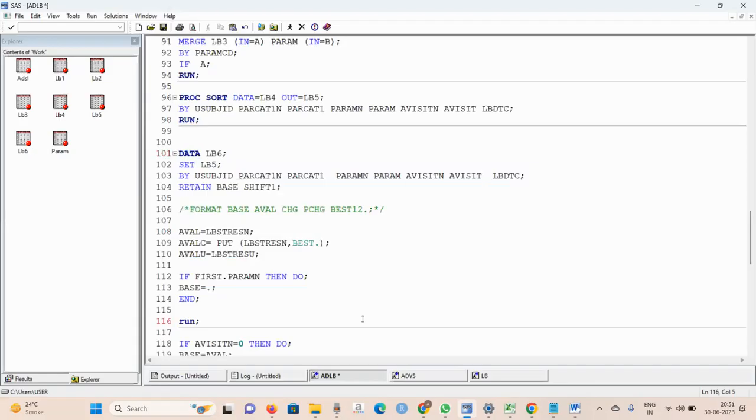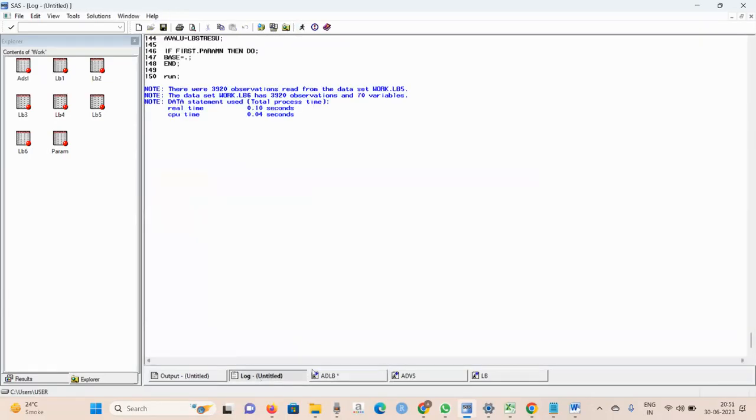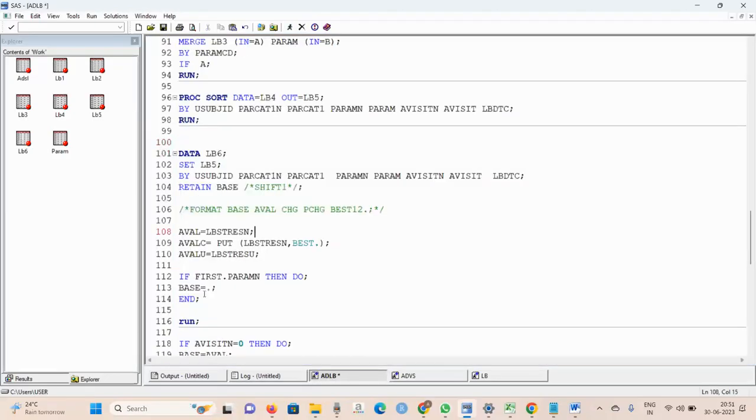Initialize. Where is shift one? Yeah. So I'm retaining the base for all the subjects.